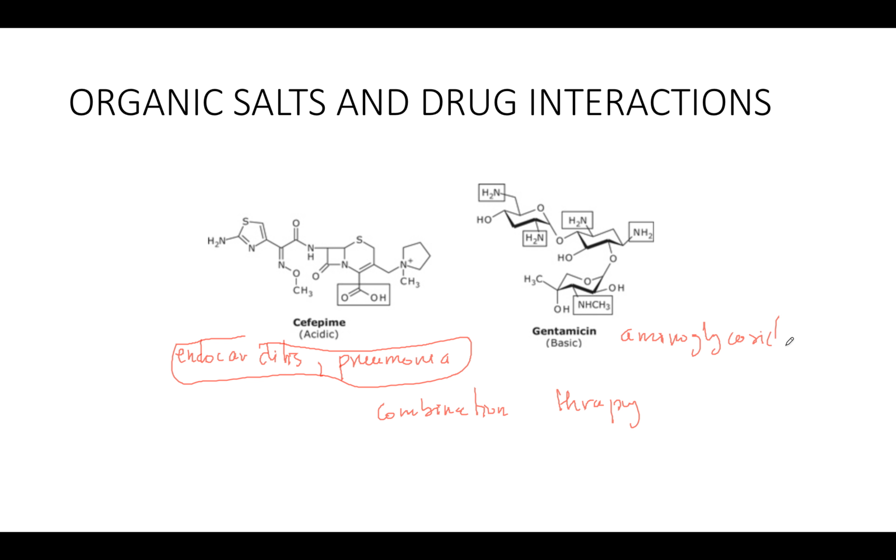Okay, so if these two drugs are administered together, as you can see, the carboxylic acid moiety of the cefepime can react with all these amines on the gentamicin, and they can form a salt. Remember, we mentioned that salts are ionic compounds that are formed from a reaction of an acid and a base.